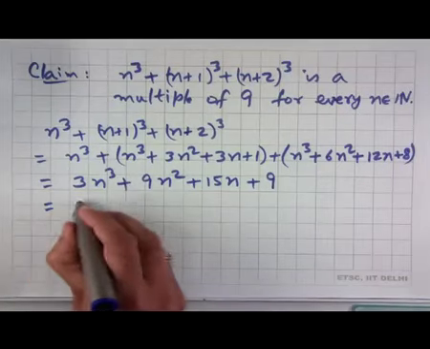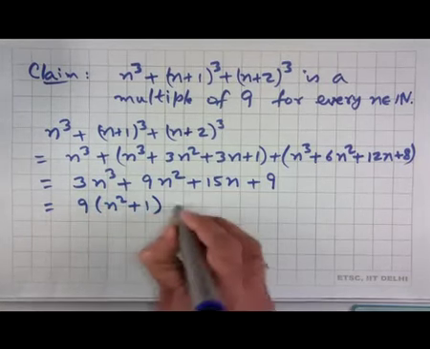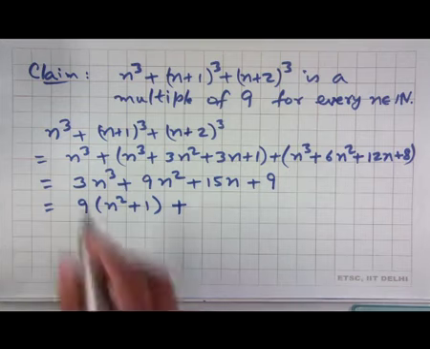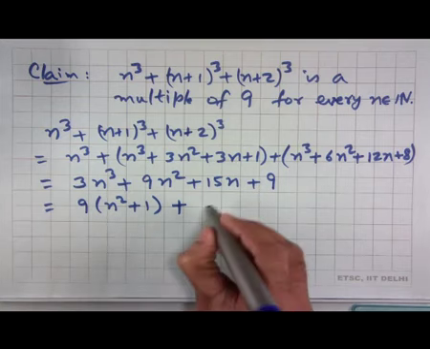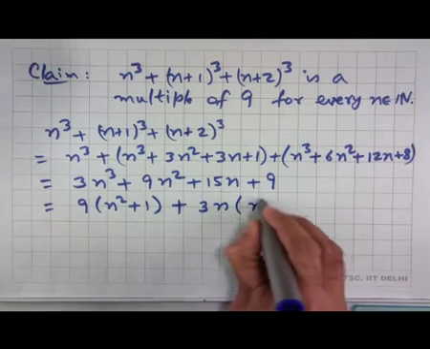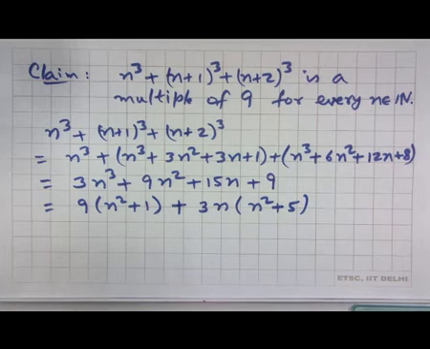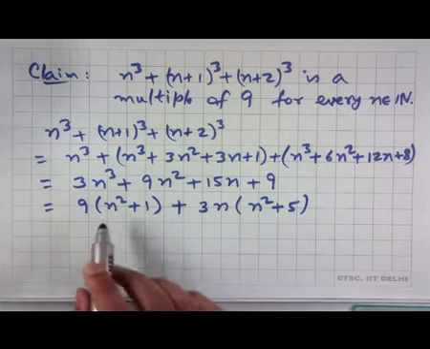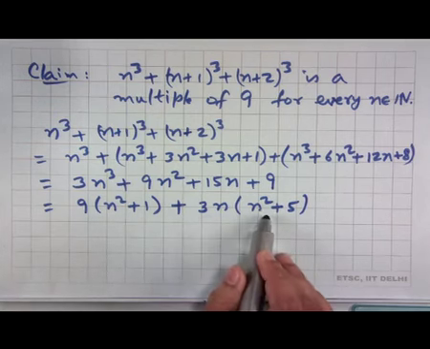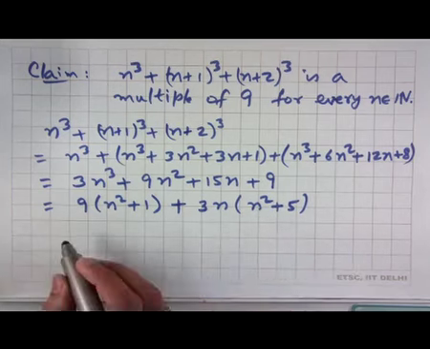We already have this is equal to 9 times (n square plus 1), and then we have 3n cube plus 15n, so that is equal to 3n times (n square plus 5), right. So, to show that this is a multiple of 9, you have to just see that n times (n square plus 5) is a multiple of 3.